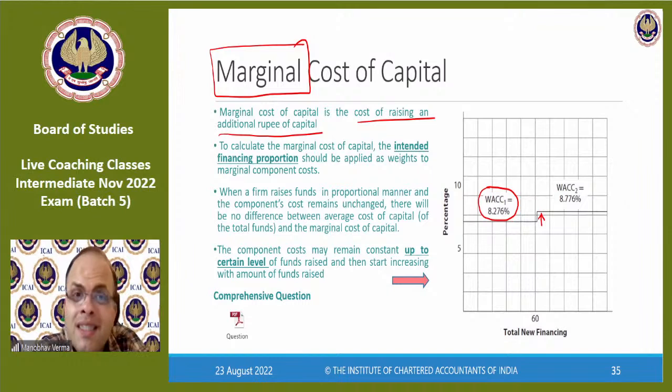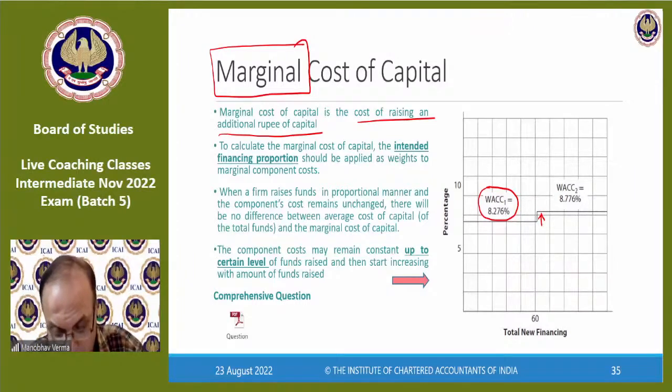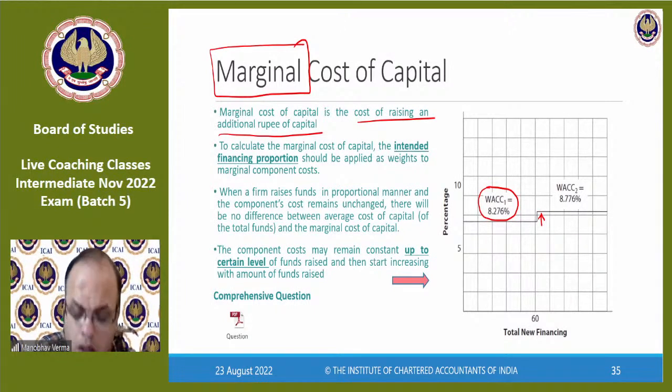We need to understand. The only thing that needs to be covered here is the intended financing proportion, because when a firm raises funds in a proportional manner, there is no change happening in the capital structure.